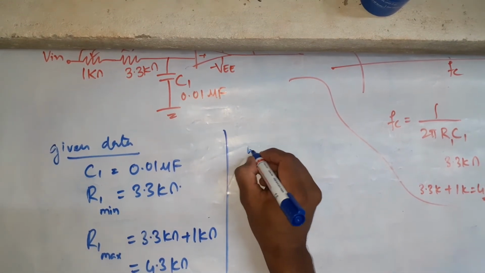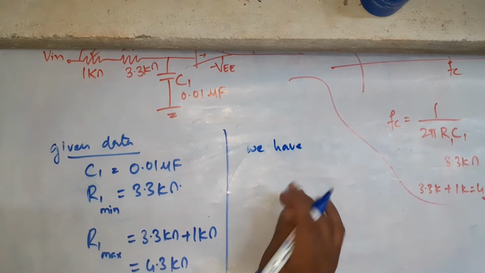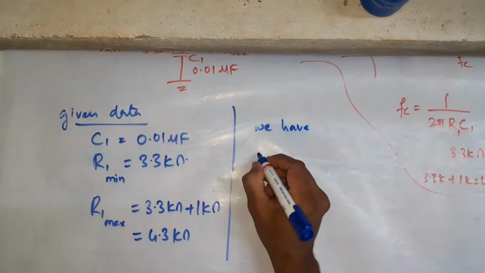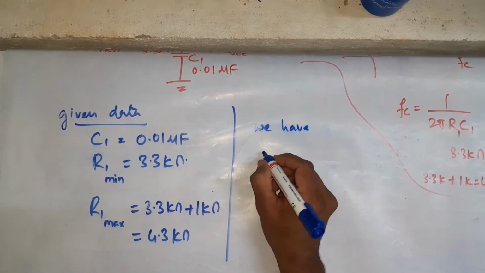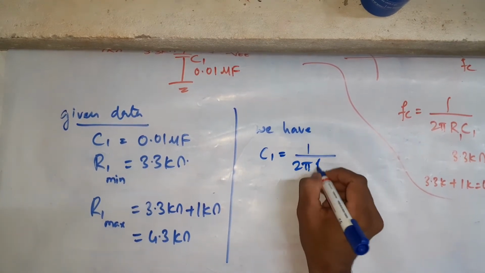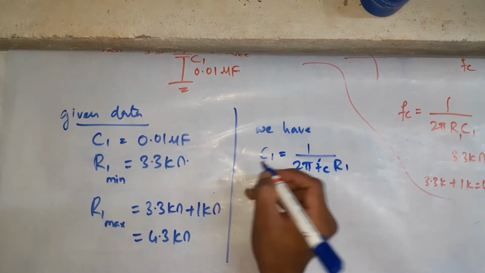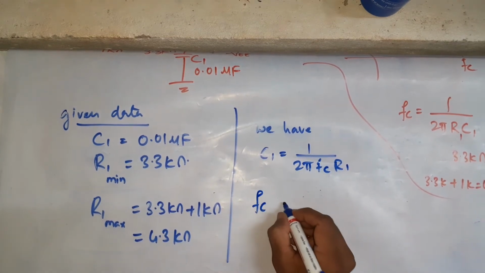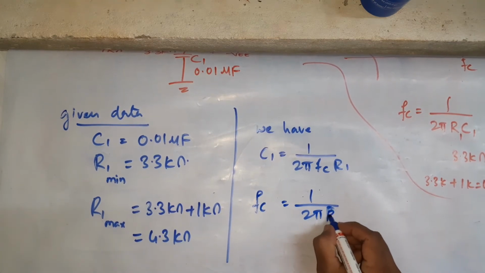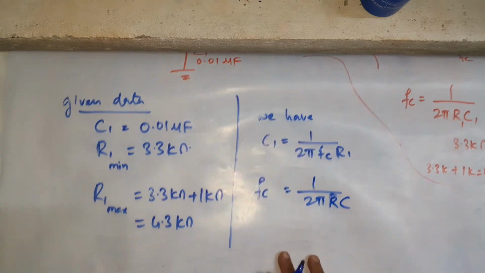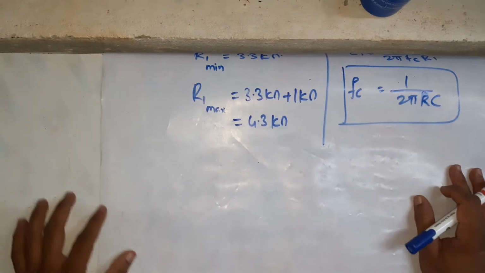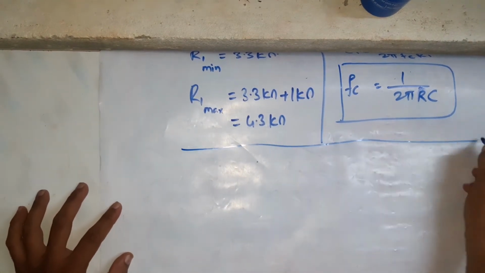For a first order low pass filter, we already know the formula, I have given you this, Fc equal to 1 over 2 pi R C. So this formula I will be using here. I am going to modify this Fc as per our requirements.